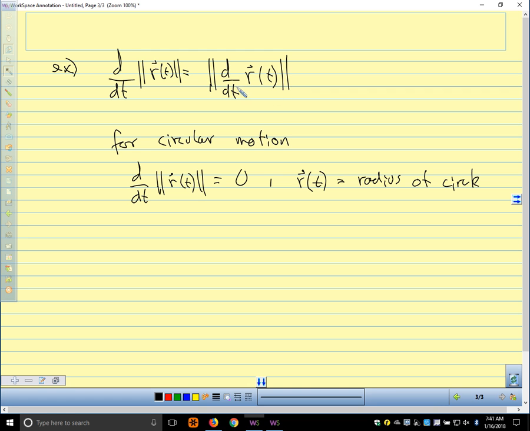And the speed of a particle moving in a circle, the speed is constant. So this one's a little trickier.